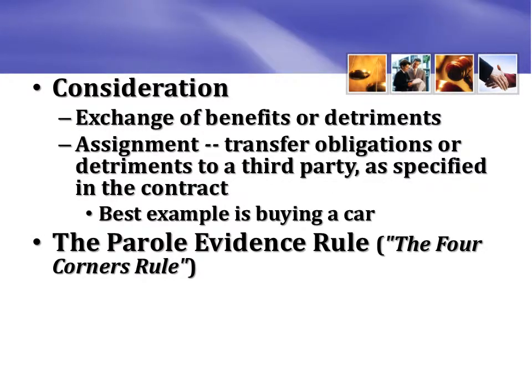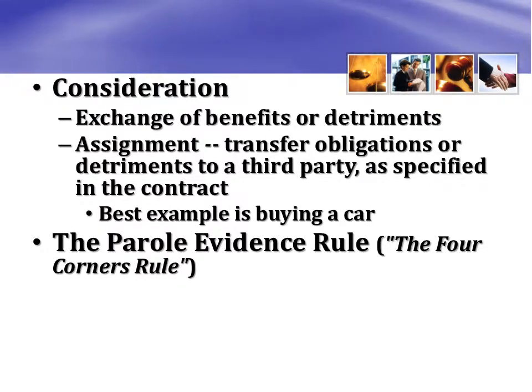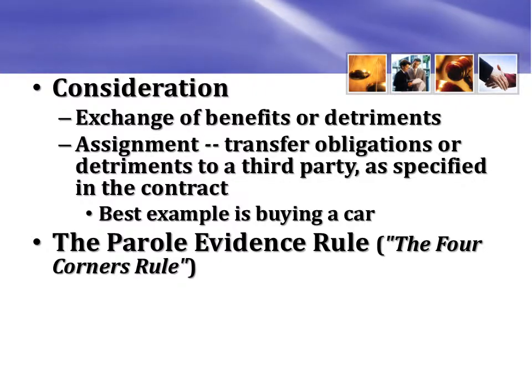What it basically says is that if there's a dispute concerning the interpretation of the contract, the contract itself is the dominant evidence. They will look to the four corners, top left, top right, bottom left, bottom right, and everything on that printed page or pages.